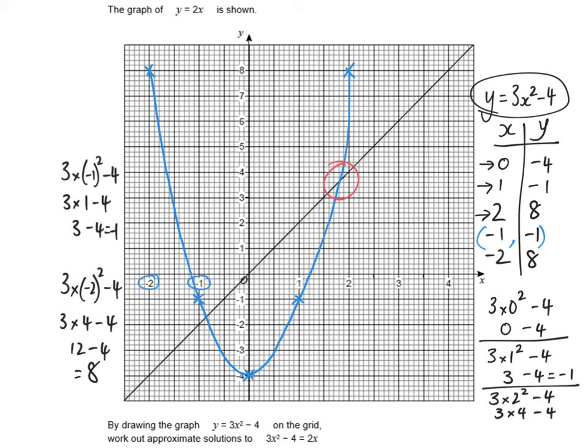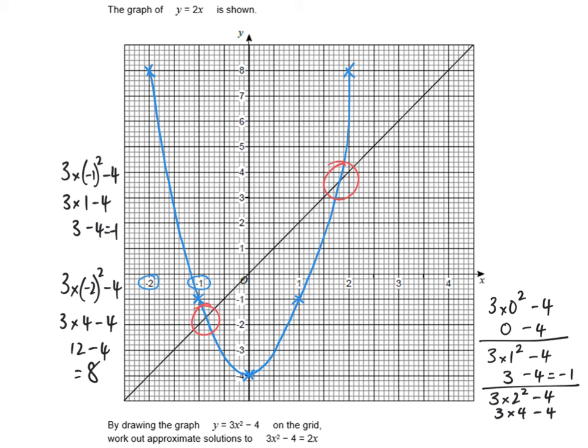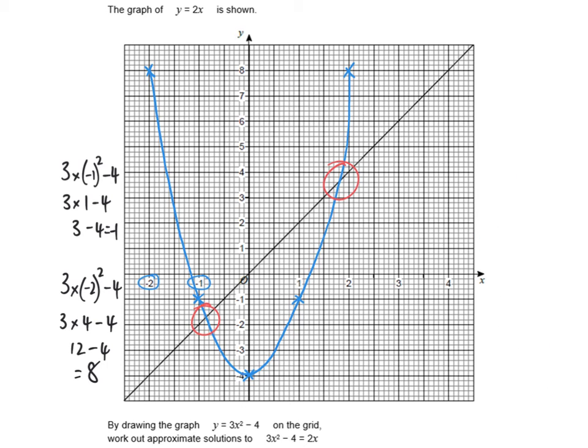All they want me to do now is estimate the values here. Now, I'm just going to rub some of my other stuff out because I'm struggling to have enough space. Right. So what they're doing now, they want me to estimate these coordinates.